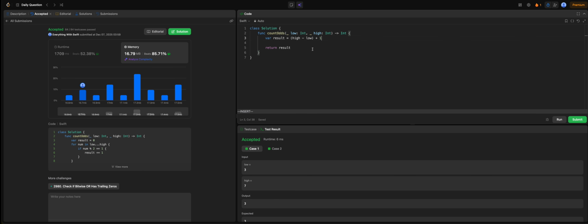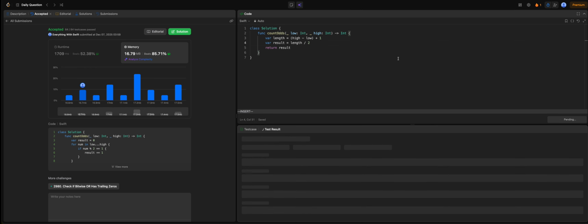Alright, let's try to run through it. So if it is correct, we can just divide the result. Okay, let's go. This is the length. And then what we can do is the result is just length divided by 2. Let's try to run it.